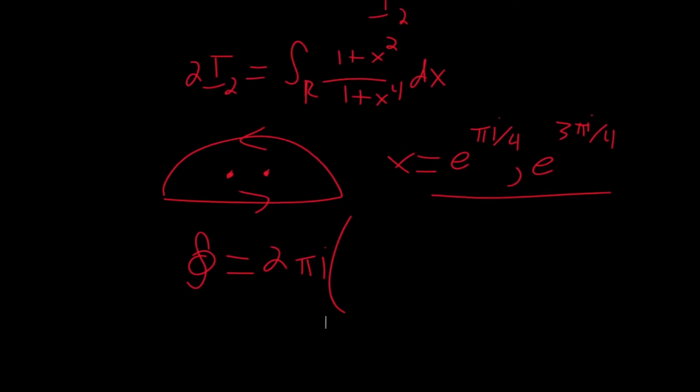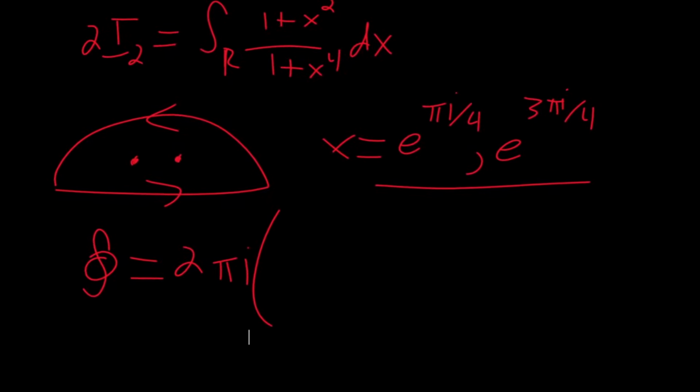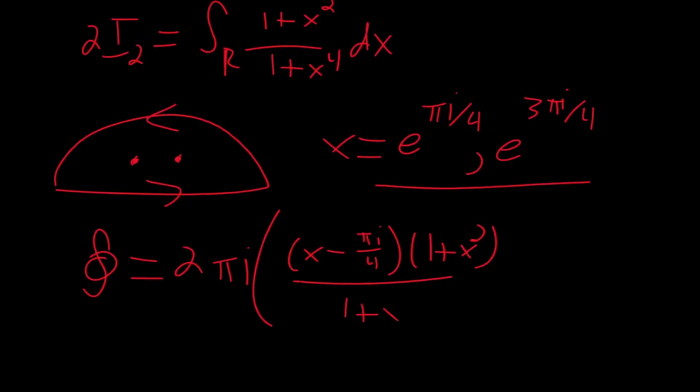times our residues. So what's the residue at e to the pi i over 4? Well, if we have x minus e to the pi i over 4, and then times (1 plus x squared) over (1 plus x to the 4), what we get is 0 over 0, because we're taking the limit as x goes to that pole. So we can just use L'Hopital's rule to make everything a little bit easier, so we don't have to factor out a bunch of stuff in the denominator, because quite frankly, that's a little bit nasty. So using L'Hopital's rule, we need to differentiate this term for it to not go to 0.